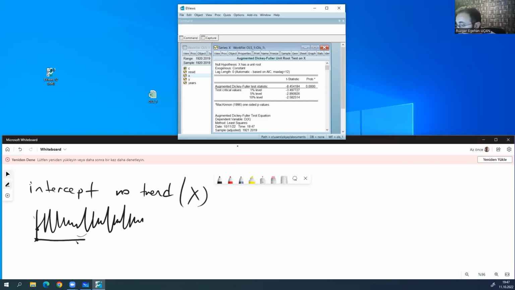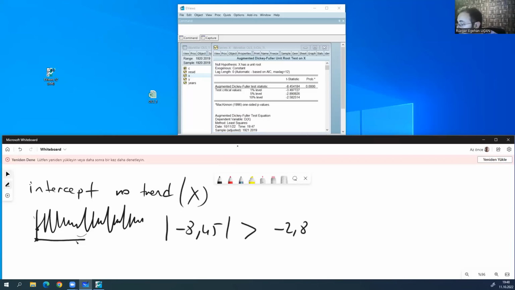In absolute value, minus 8.45 and bigger than minus 2.89. And we have also prob values. Prob values are smaller than 0.05. What does it mean? This means reject H0, so X is I(0).